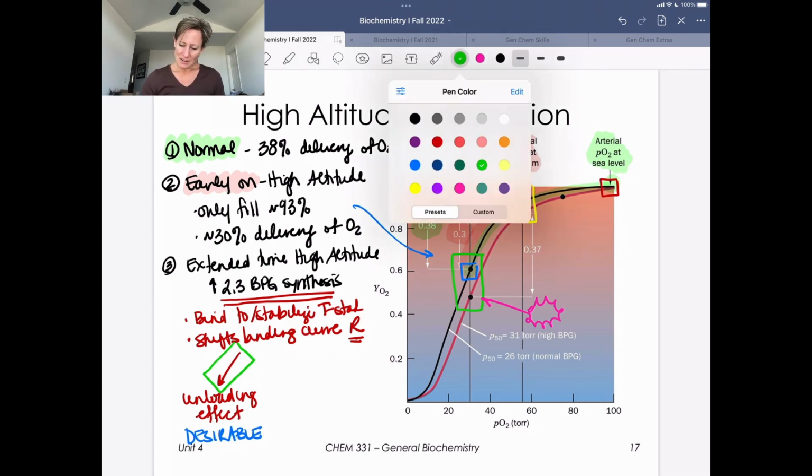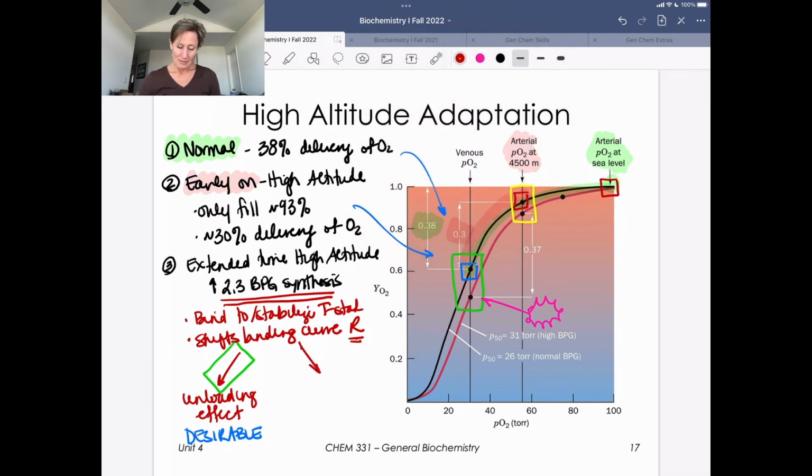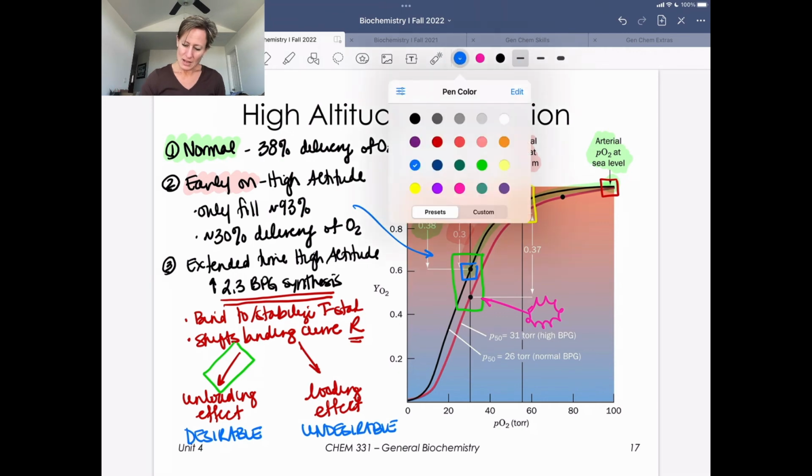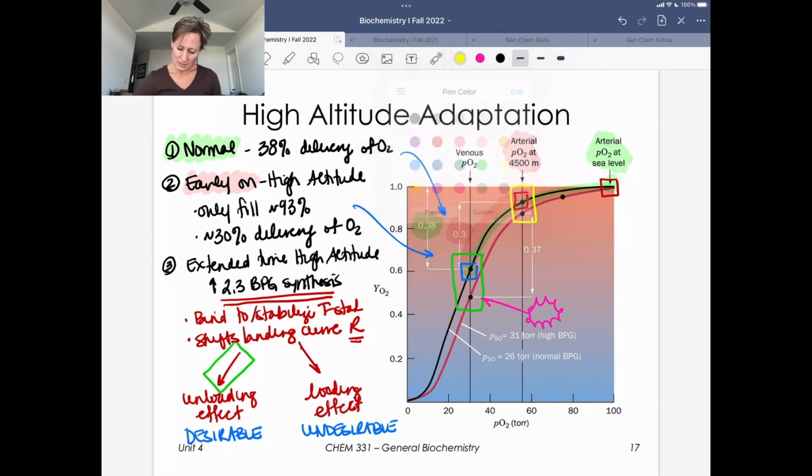We do have to point out here that shifting our curve to the right also means we have a loading effect. So the loading effect is actually undesirable, right? So we have an undesirable loading effect.